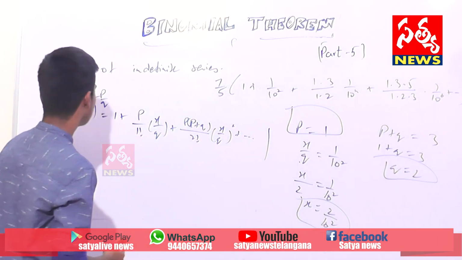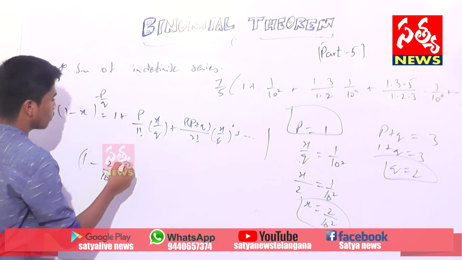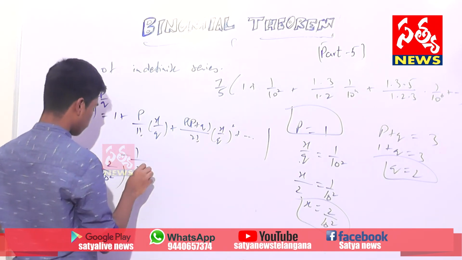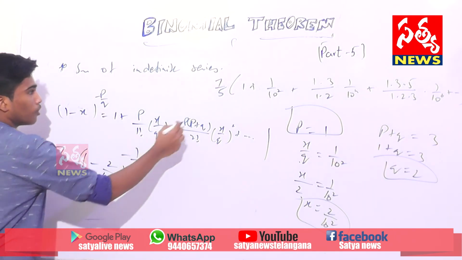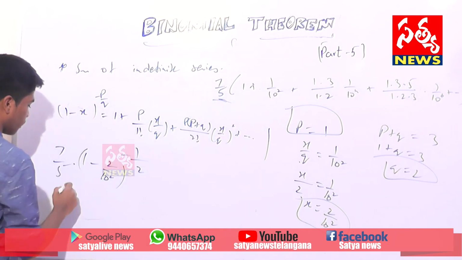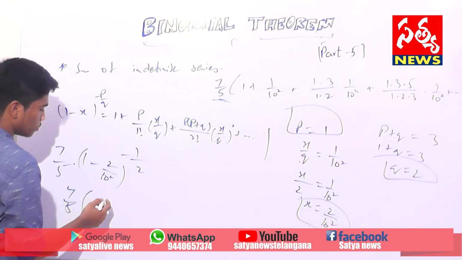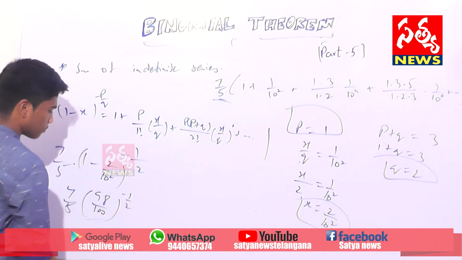That's it. Substitute here: 1 minus 2 by 10 square whole power minus p by q, with p as 1 and q as 2, so power minus 1 by 2, into 7 by 5. Don't forget this 7 by 5. That is 7 by 5 into 10 square, 100 minus 2, 98 by 100 whole power minus 1 by 2.